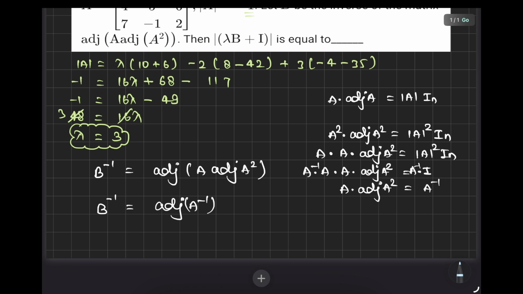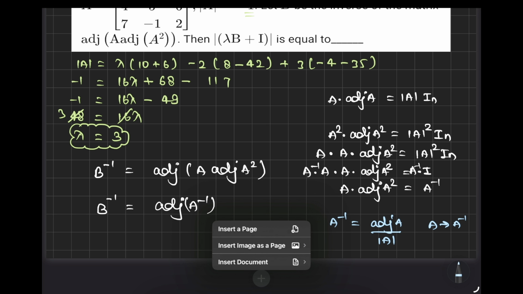Now we have to connect some dots with these two. Do you remember the value of A inverse? A inverse was adjoint of A by determinant of A. Correct or wrong? Can I replace A with A inverse? I can do any replacement, na?